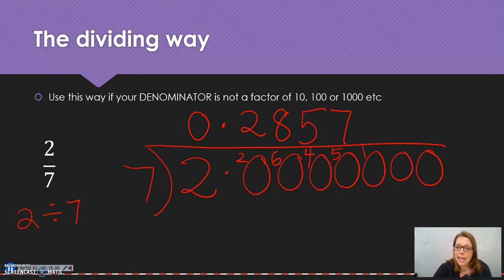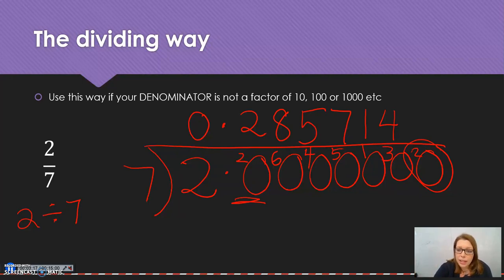7 goes into 10 once with 3 left over. And 7 goes into 30 4 times with 2 left over. Because I've got that 2 here representing 20, which is where we started, what I now can see is that that's going to continue and will show the same 6 numbers there over and over again.